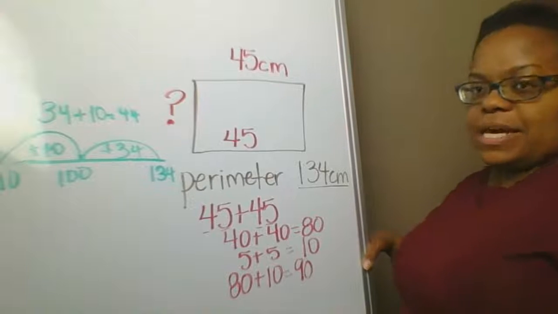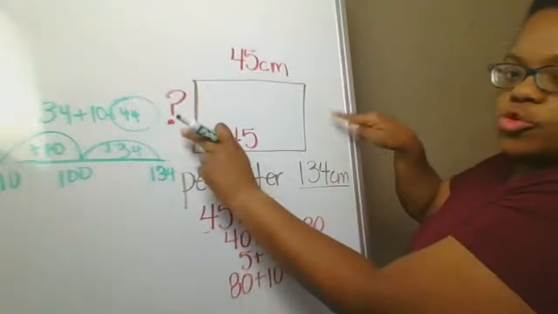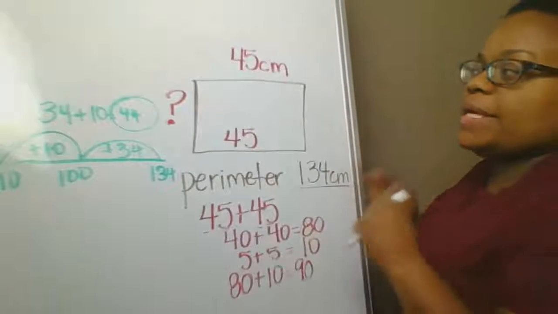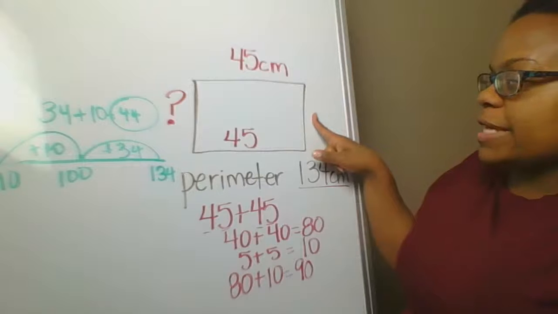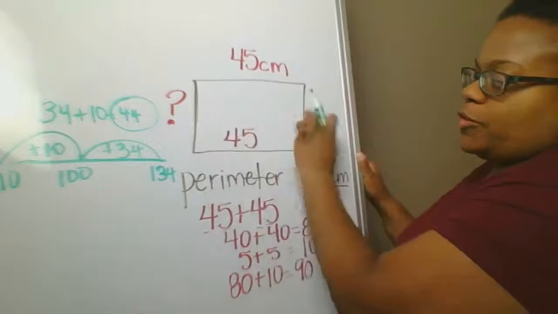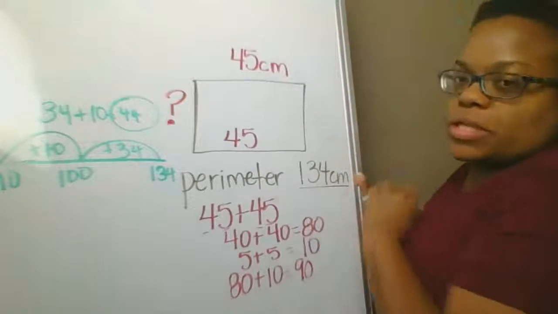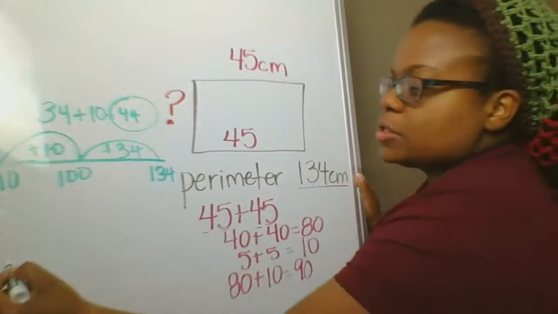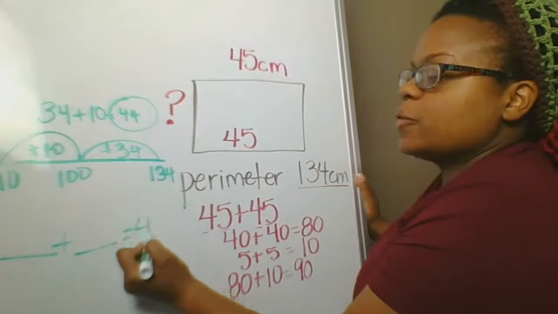So my last step is to split this 44 into 2 equal pieces, because if it's on this side, the number also has to be the same on this side. So I can't just put 44 on both sides. This is 44 for both of the sides put together. So blank plus blank equals 44.